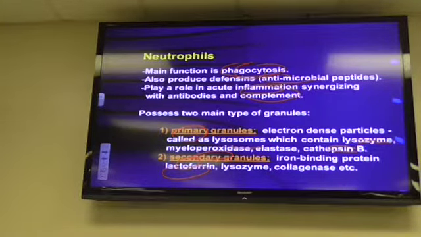Bacteria in turn need that iron critically for their multiplication. So this lactoferrin binds to that iron and makes it unavailable to the bacteria. Lysozyme again acts against the bacterial surfaces. There are other enzymes that are also degrading to the bacteria.